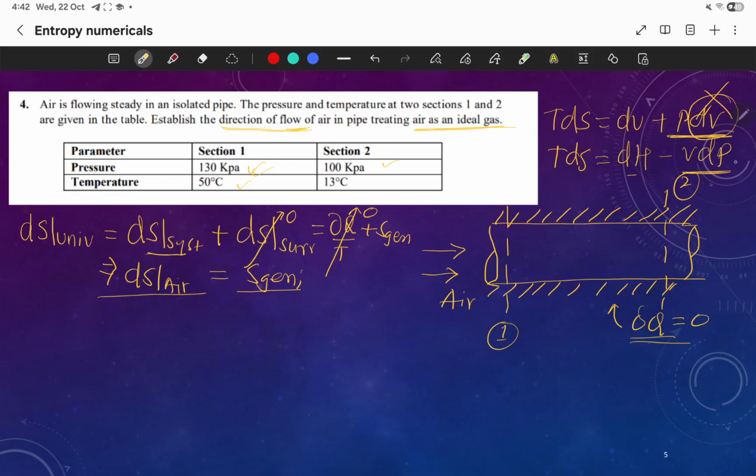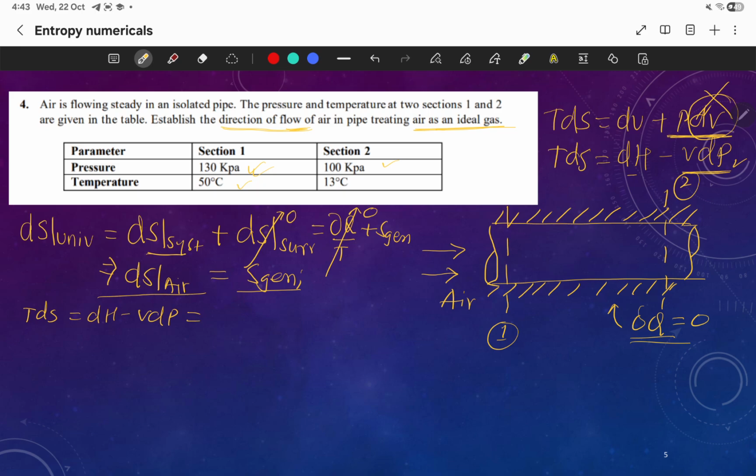So we will use this relation, TdS equals to dH minus VdP. So just write it. We will get TdS equals to dH minus VdP.